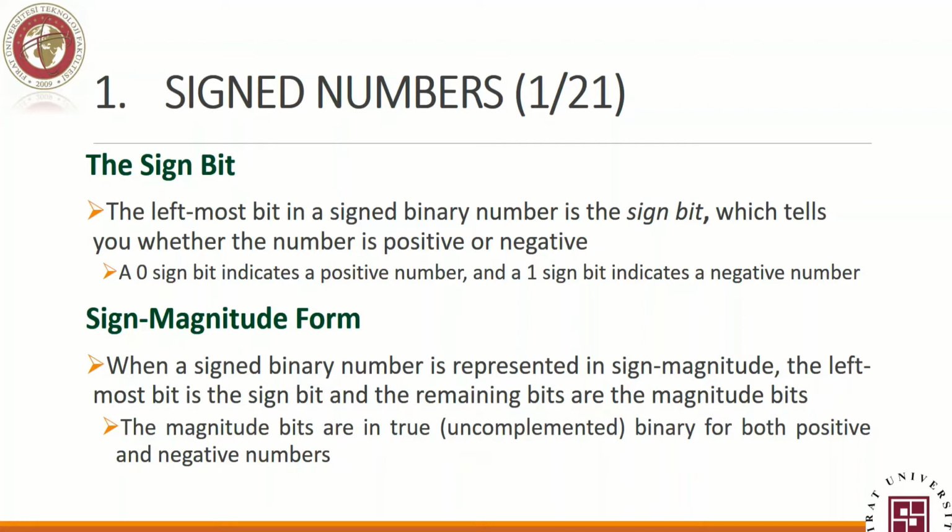So what we do is assign a bit for the sign, and we indicate the sign based on the existence of 1 in that bit. If it is 0, then the number is positive. If it is 1, otherwise, it would be negative.